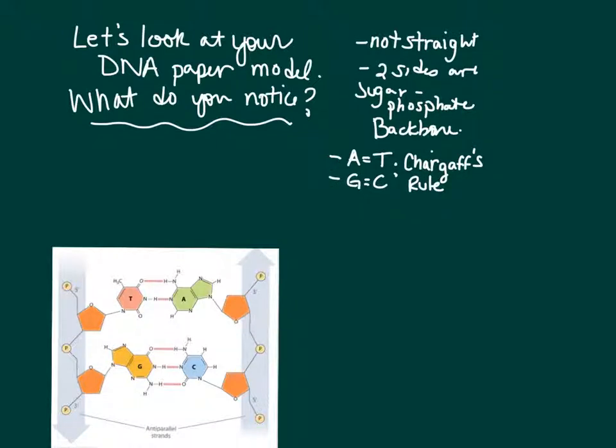Looking at it, what's in the middle? So if the edges are sugar and phosphate, what's in the middle? The bases, nitrogen bases. So the middle is made of rings of nitrogen. How many rings across is each step?